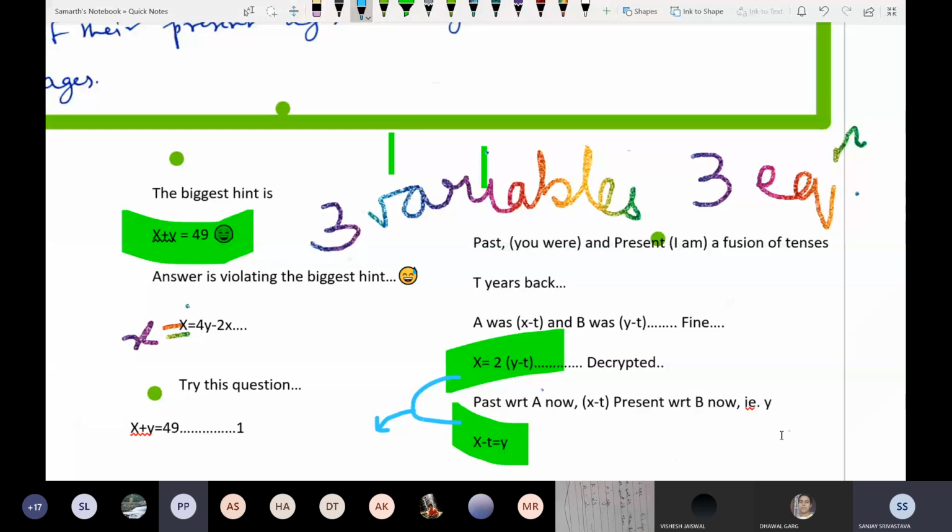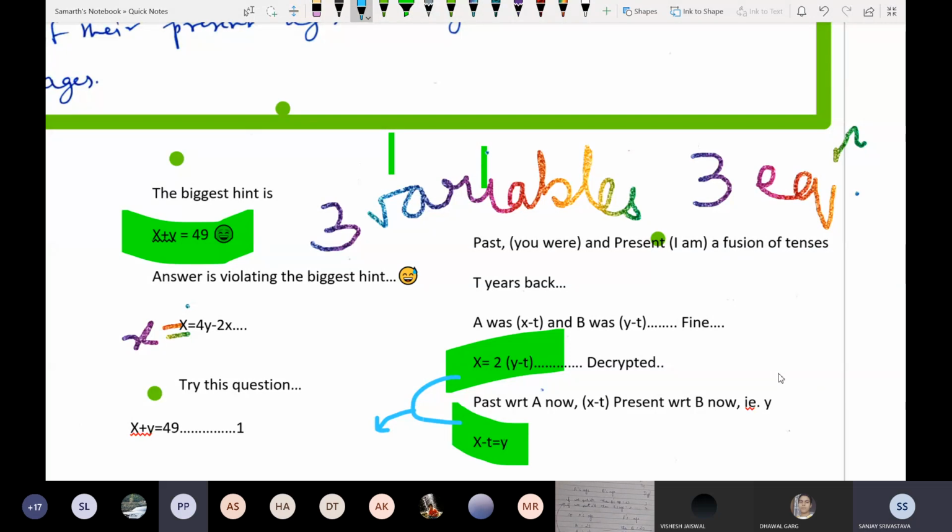28 and 21. Yes, one boy has done. Om Agrawal, just share the screen, beta. Shashwat Pandey, it is not visible. Vishesh Jaswal, beta, just scroll. Just rotate the screen. Keep the copy in a stable manner.